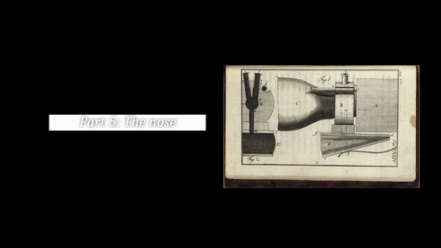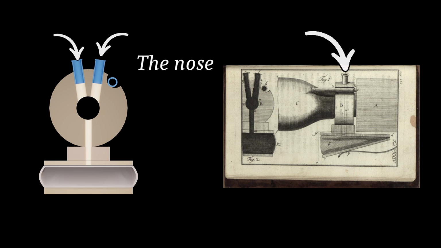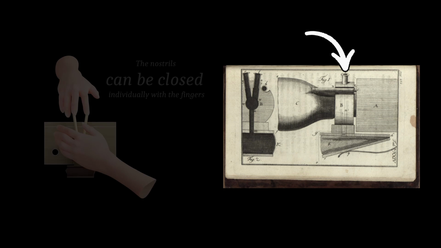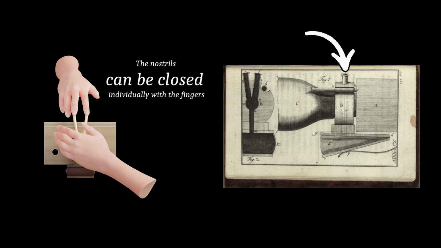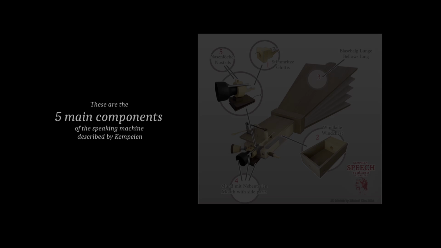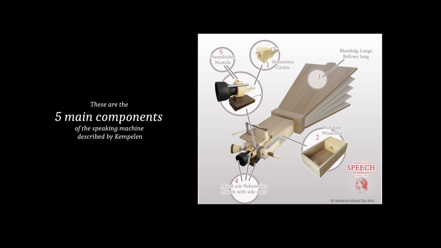Part 5. The nose. Extension tubes. The nostrils can be closed individually with the fingers. These are the 5 main components of the speaking machine, described by Kempelen.